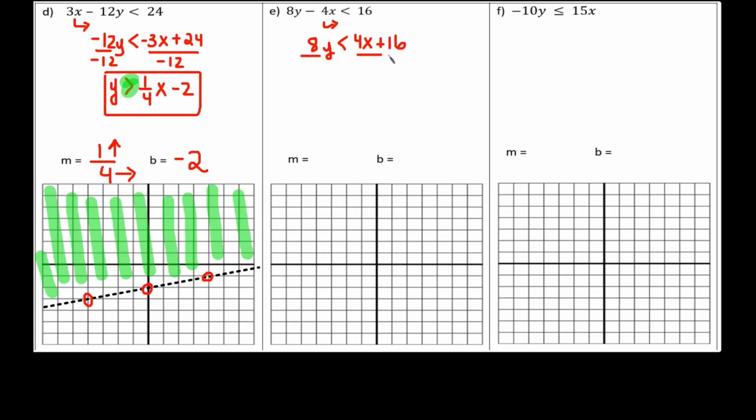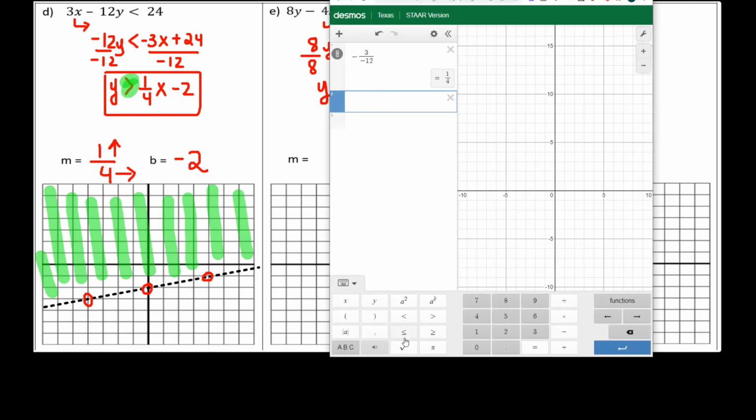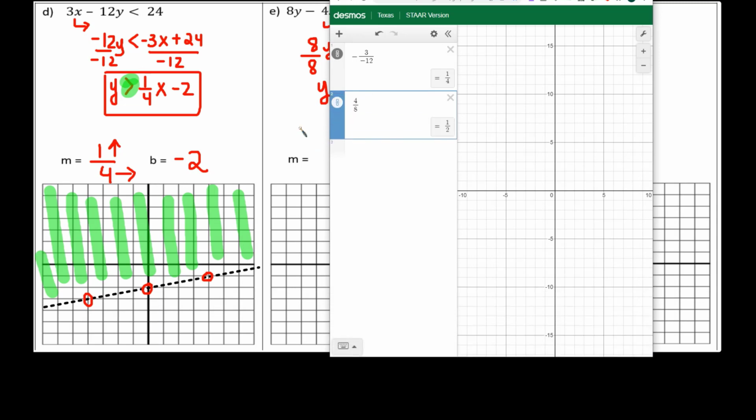Now we're going to divide both sides by 8. So this would be y. Please notice here we're not going to flip because we're not dividing by a negative number. Now using our calculator, 4 divided by 8 is 0.5. So we change the decimal to a fraction, so it's 1 over 2.